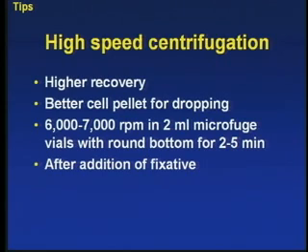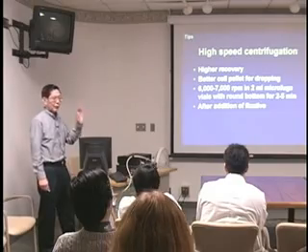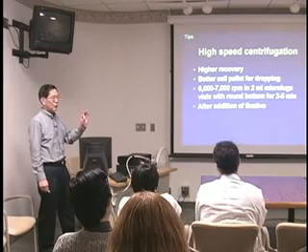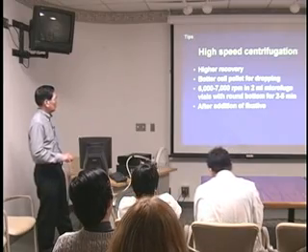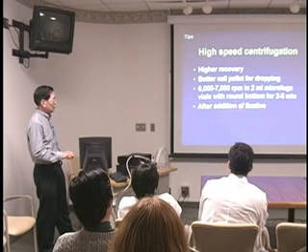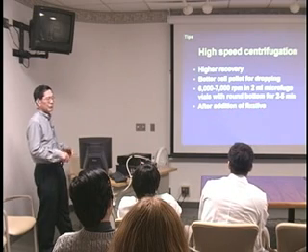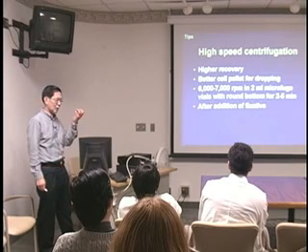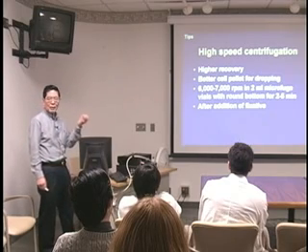In this case, you will spin the sample at a higher speed, 6,000 to 7,000 RPM, in a shorter period of time. The pellet will be packed better, and you're not going to lose any cells to the tube wall. You can do these things after the fixative is added in, because basically you just want to make the pellet as compact as possible.